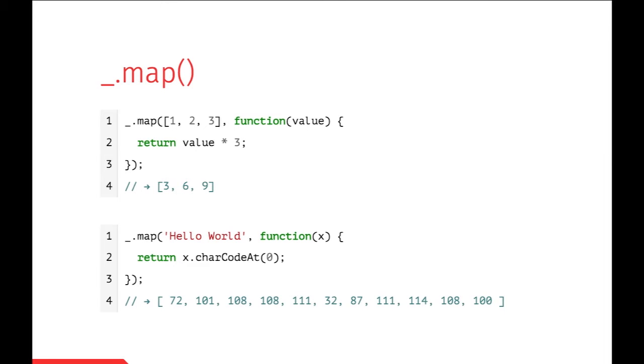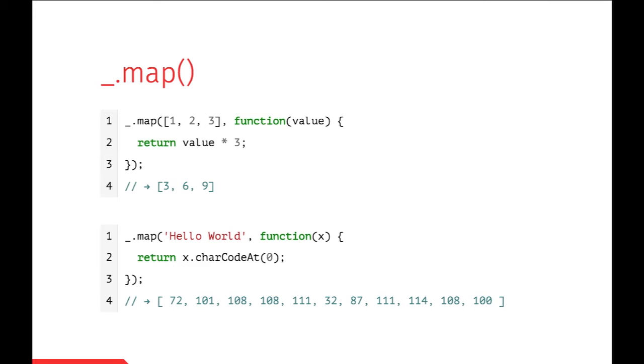You might know map method from the array. But Lodash map is more universal. It accepts a collection. Lodash calls collection any array, object, or a string. Well, it treats string as an array with each character representing an item in an array.